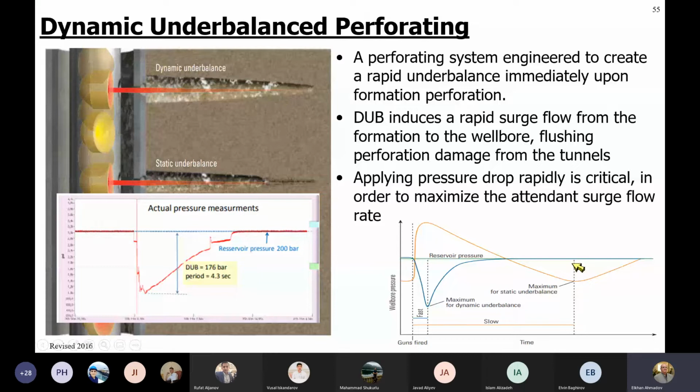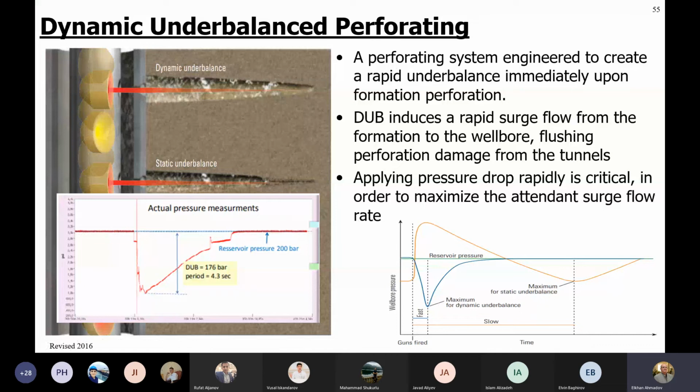So the fluid flows from the reservoir through the perforation tunnel to clean it. Okay, when I say slow, it doesn't mean days or hours. It's still a very short time, in minutes, maybe.